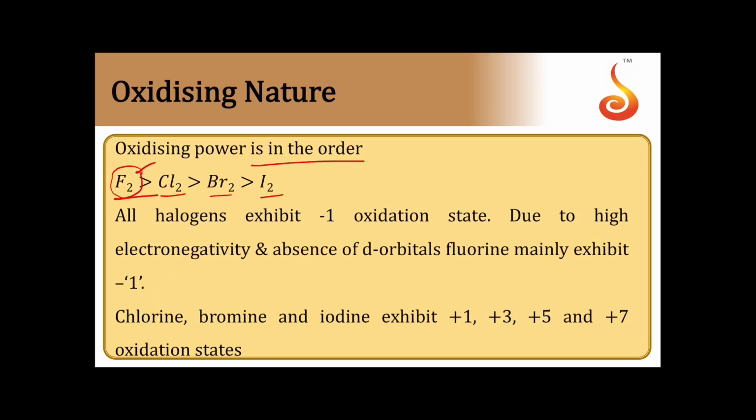When it comes to oxidation states, all halogens exhibit the -1 oxidation state. Due to high electronegativity and absence of d orbitals, fluorine mainly exhibits the -1 state. The other elements, chlorine, bromine and iodine, exhibit +1, +3, +5 as well as +7 oxidation states.